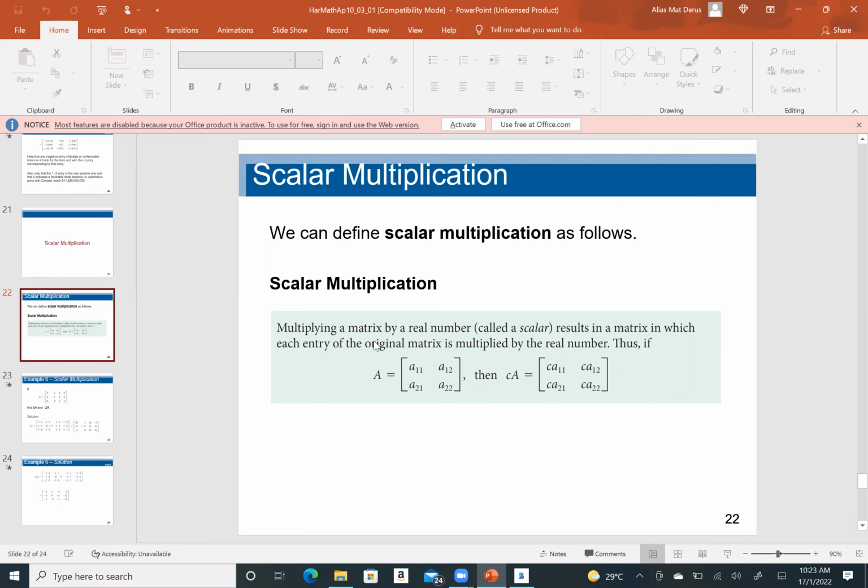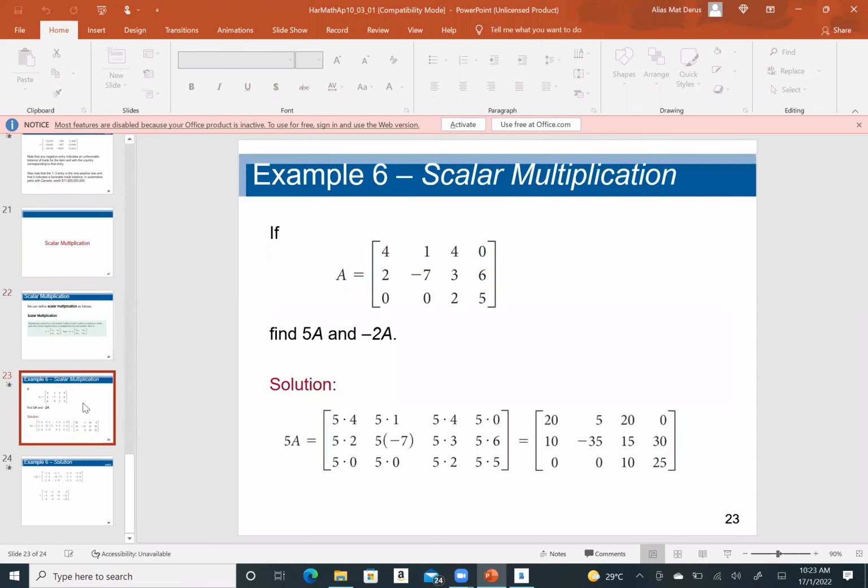The principle is you multiply that constant with the matrix. So if the constant is 5 multiplied by the matrix A, then you multiply the 5, the constant, with each element of the matrix.